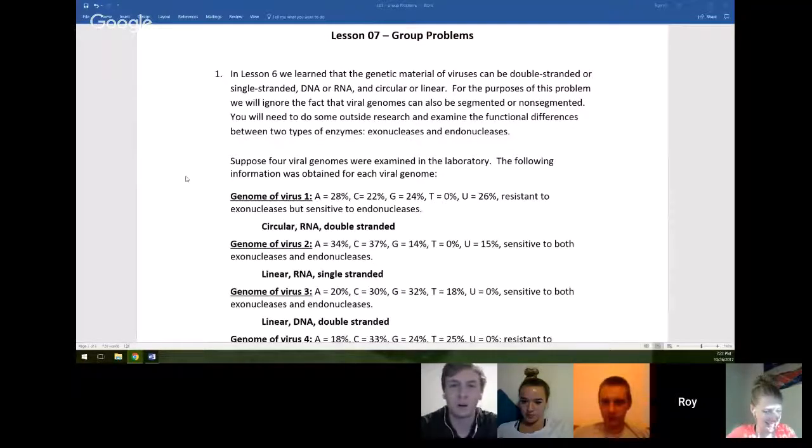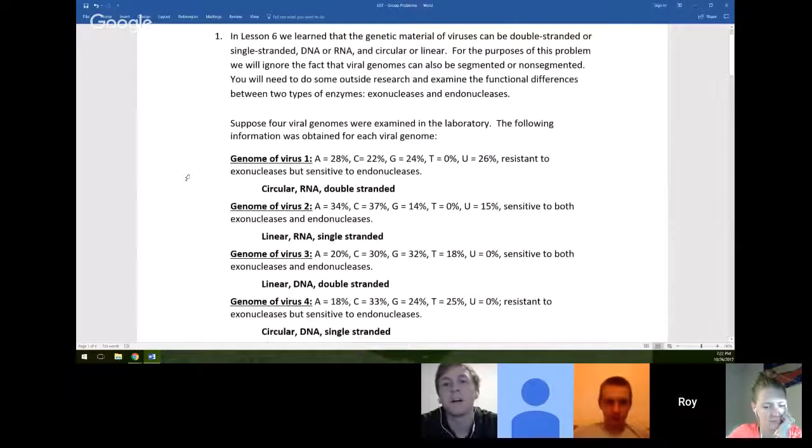All right, so number 1 is talking about the genome of different viruses. For number 1, we came to the conclusion that it was a circular RNA double-stranded virus, and that it is resistant to exonucleases.